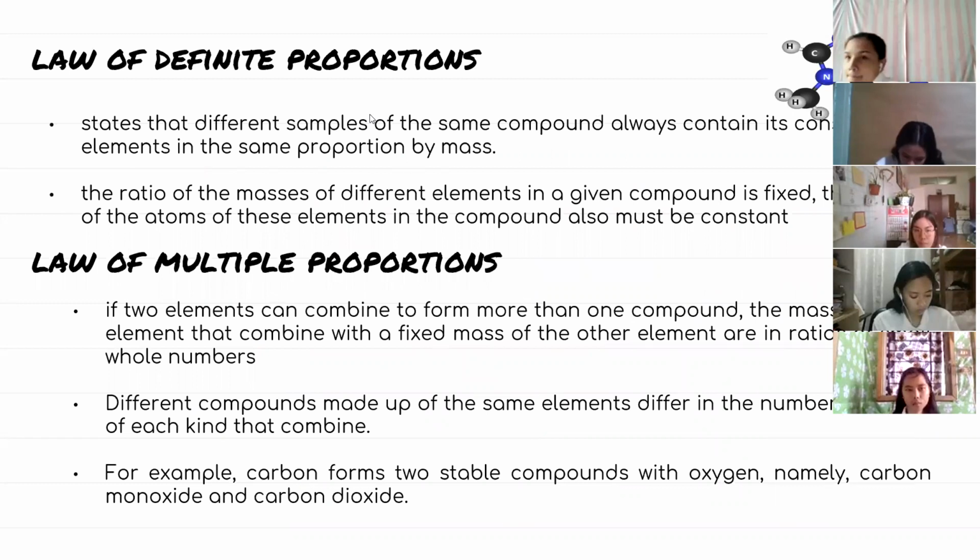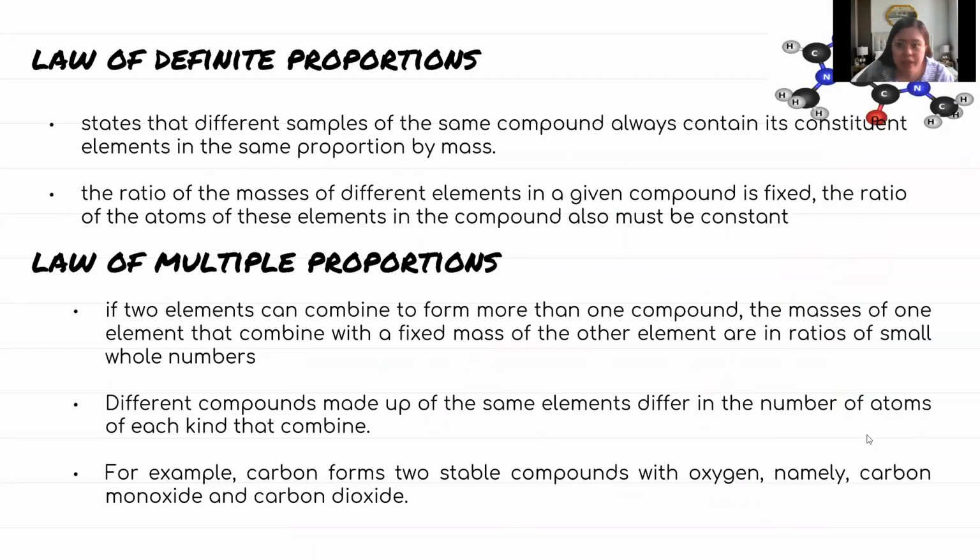So, from the work of John Dalton, class, we now have the following laws. Again, this is from the work of John Dalton. The following laws were formulated and accepted. Number 1, we have the so-called law of definite proportions. Again, law of definite proportions. From the name itself, definite.